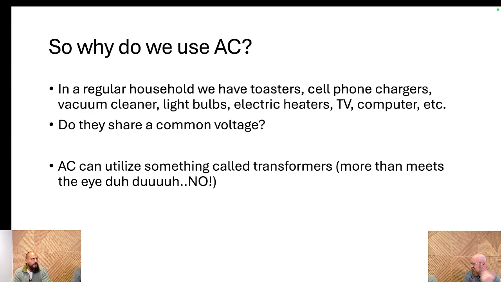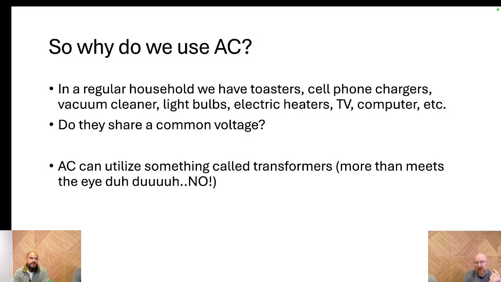You could probably look up some of the voltage wars as to why we use AC versus DC. There's a whole lot that goes on between Edison and Tesla back in the day. Edison went and fried an elephant. That's interesting history, but it was always going to be the way that it is, right?